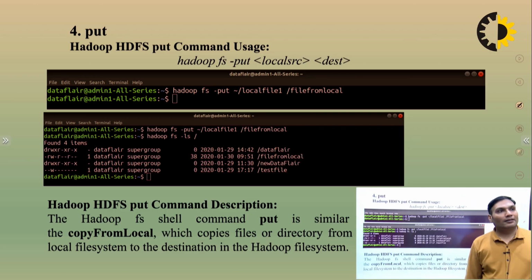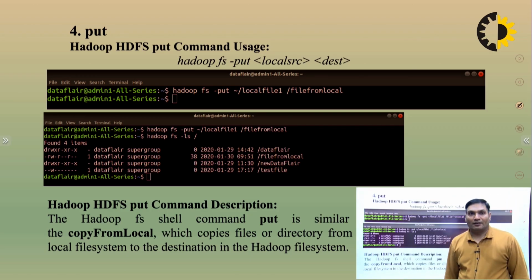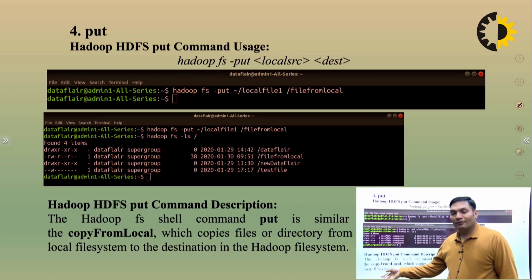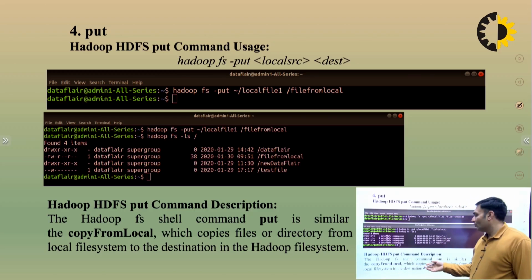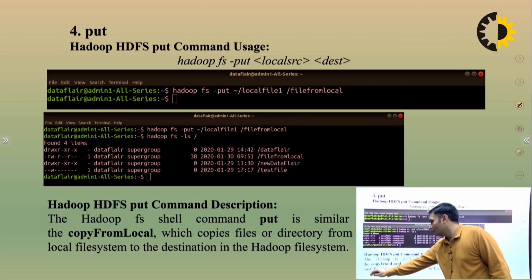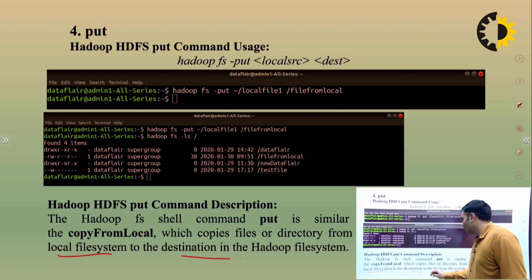Now there is another command, the put command. The put command is similar to the copyFromLocal command that we will discuss right now. Basically it copies the files or directories from the local file system to the designated file system.